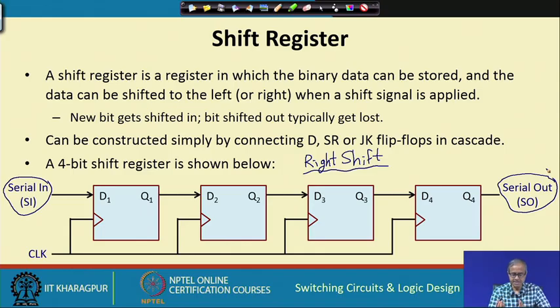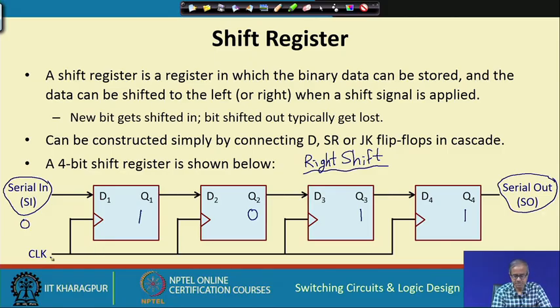So, let us see how it actually works. Let us assume that the data that is stored in this register are 1 0 1 1. Let us say at any particular point in time we have stored data 1 0 1 1, and in the external serial input I have applied a 0.